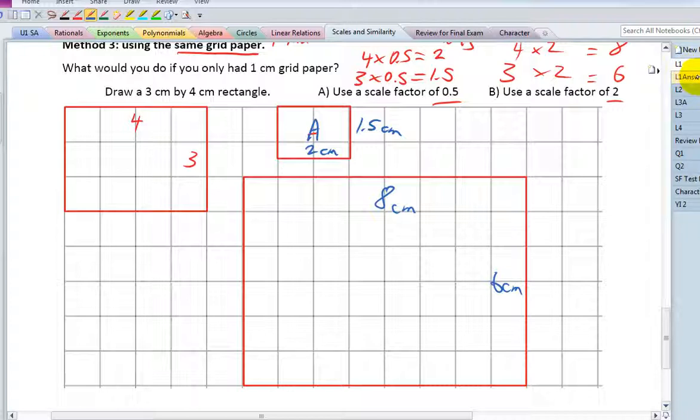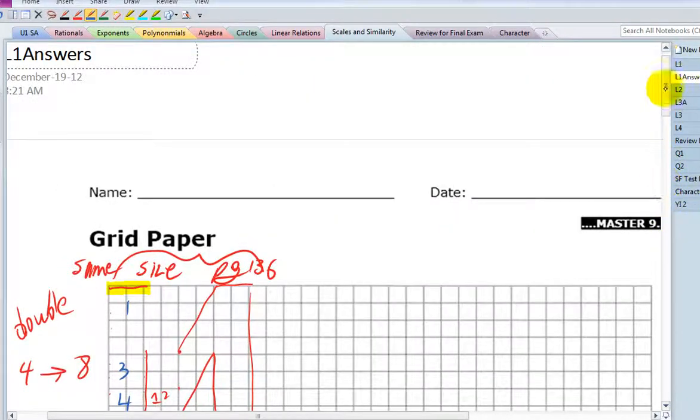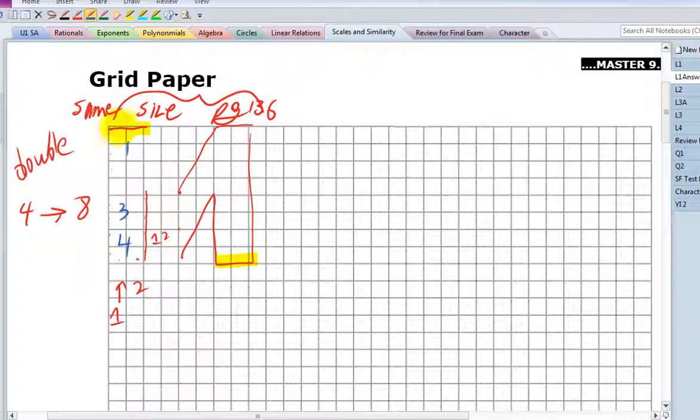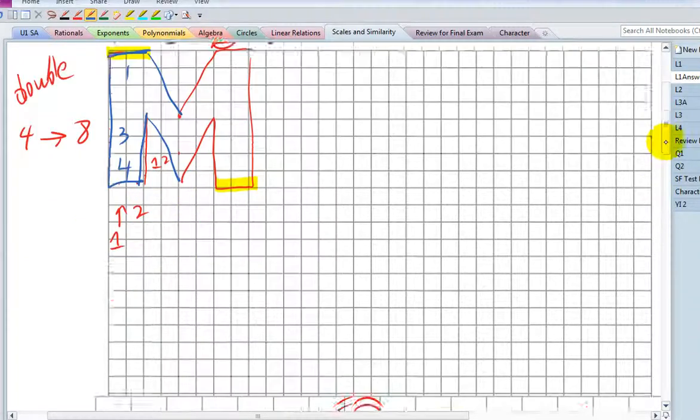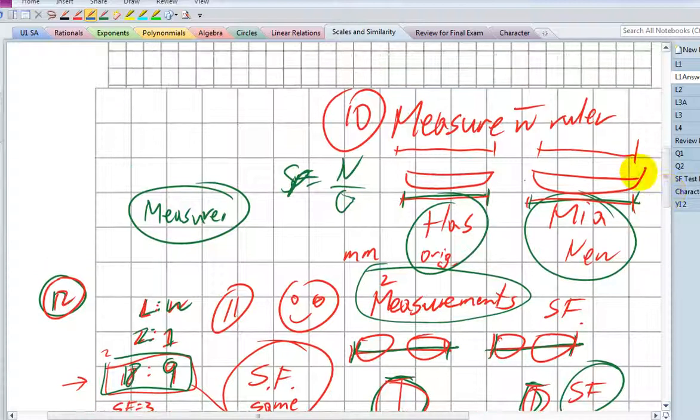For today's answers, you'll use the grid paper on the next page. You're going to have to look at reference points. So for the letter M, you can do same size grid, or you could also do it on a different grid.